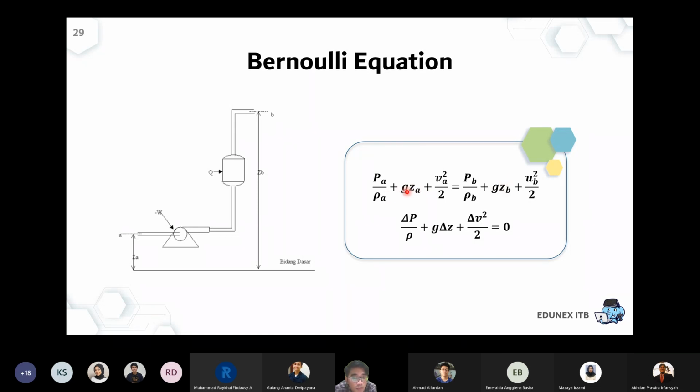If the value of potential energy changes from point A to point B, it has to be compensated by other types of energy. Since ZB is higher, the potential energy changes. From A to B, will the potential energy increase or decrease?